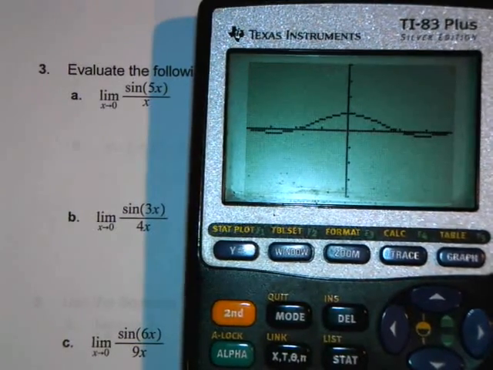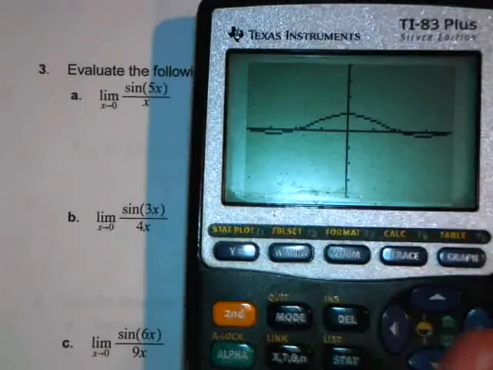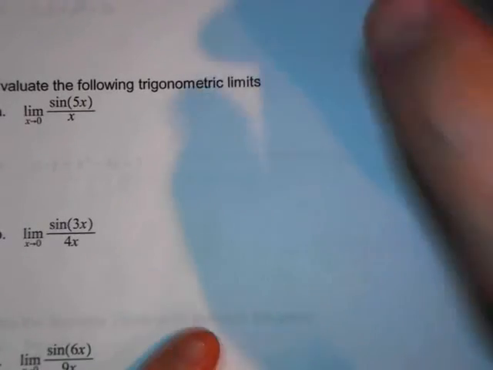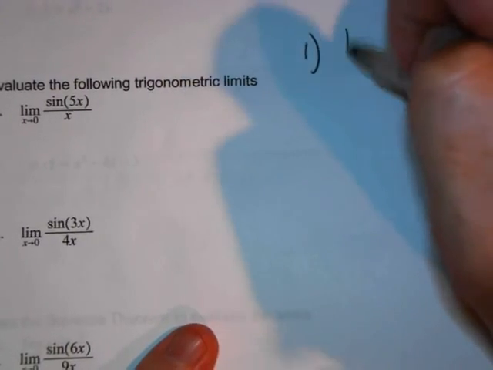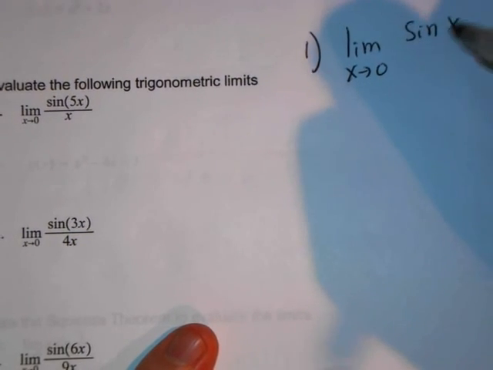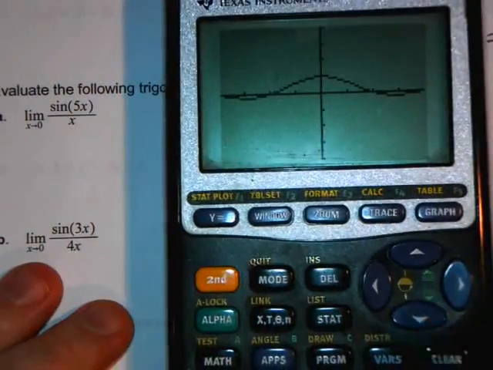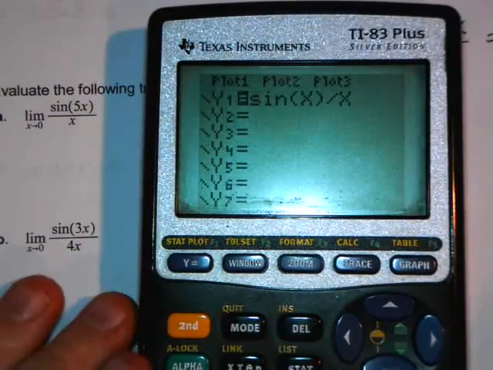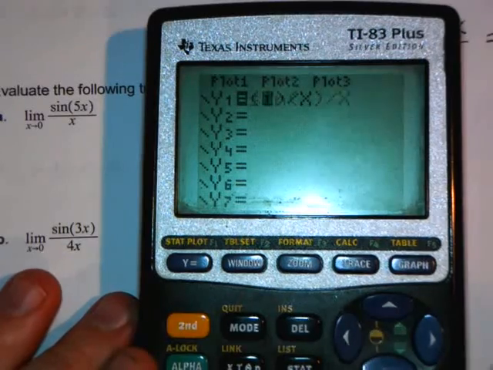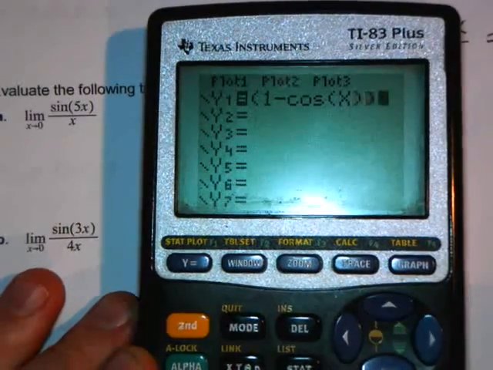And there's an actual proof of this in your book if you want to read it. It's listed on page 65. What you need to know is two theorems. One, the limit as x goes to 0, sine x over x equals 1. And then there's another famous trig one, and it involves 1 minus cosine x over x.